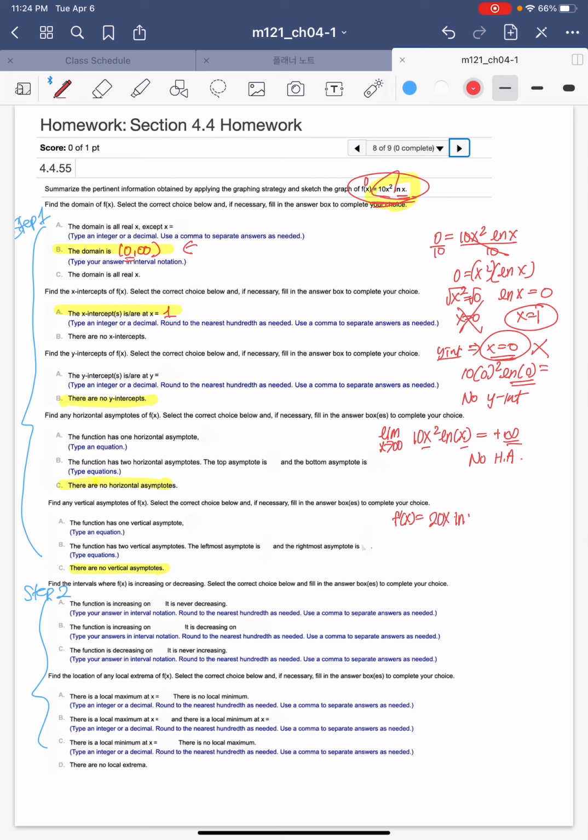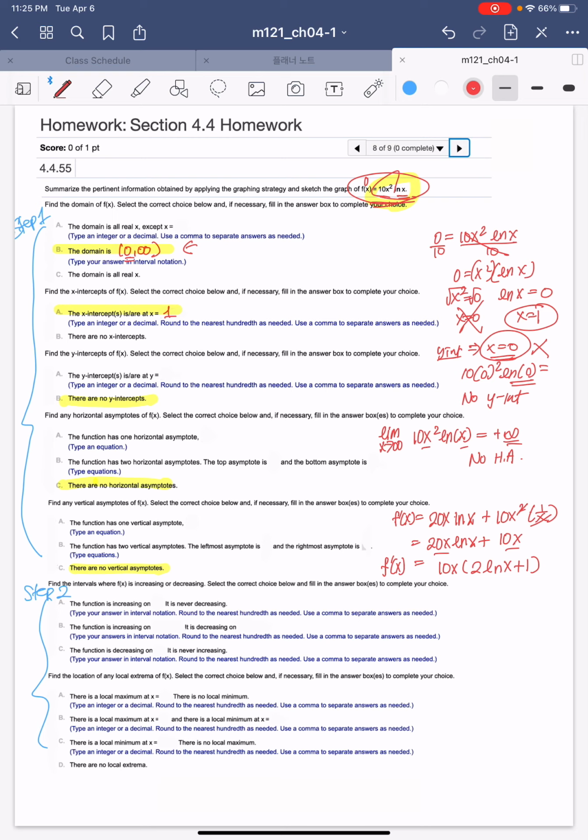Second term remains the same. Plus 10x squared, derivative of ln x is 1 over x. So I can keep going and see that this cancels out, so I'm going to have 10x. They both have a common factor of 10x that I can pull out and have 2 ln x plus 1. So that will be my first derivative.